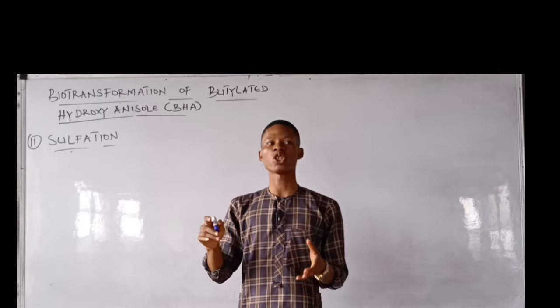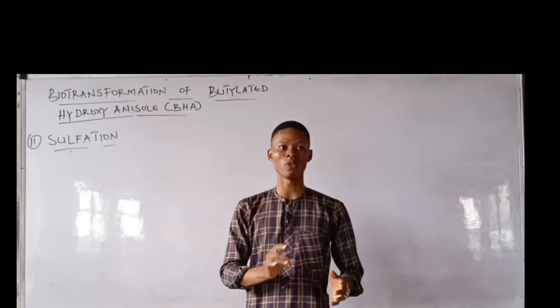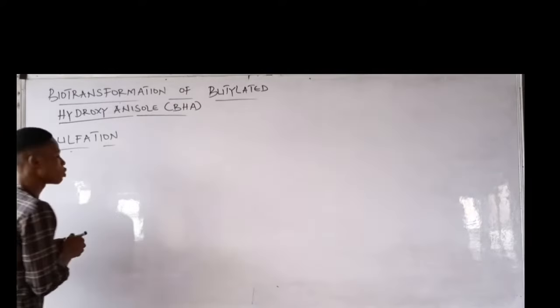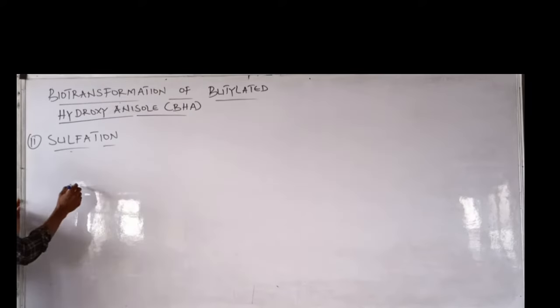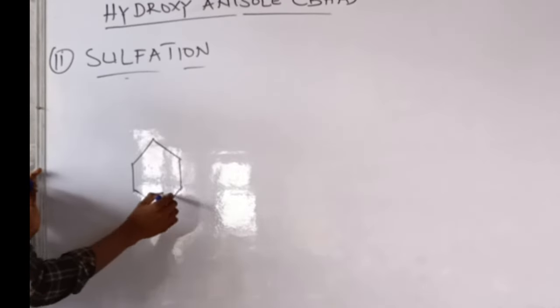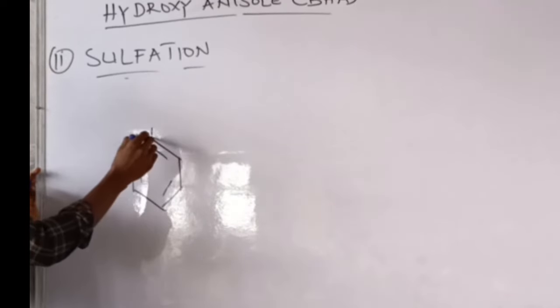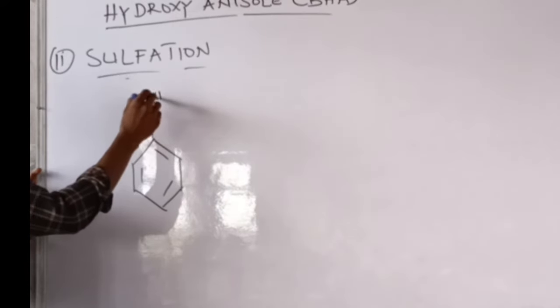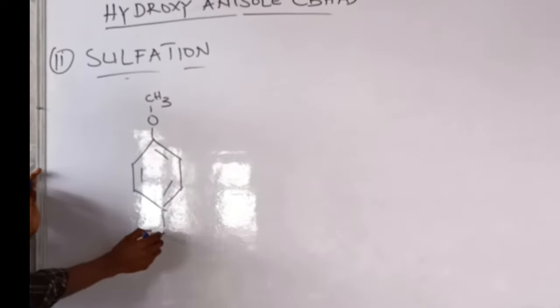Now, the sulfation here is just like any other sulfation we've been doing. Now, if we start with our butylated hydroxy anisole, if I want to draw that, what do I draw first? Benzene ring, right? What do I have here? OCH3, right? What do I have here?